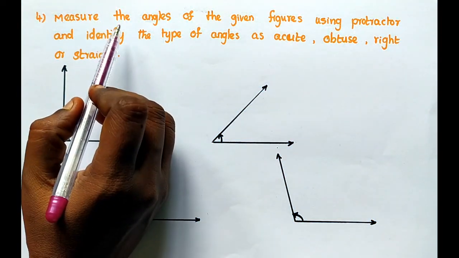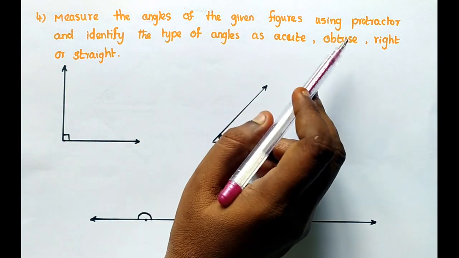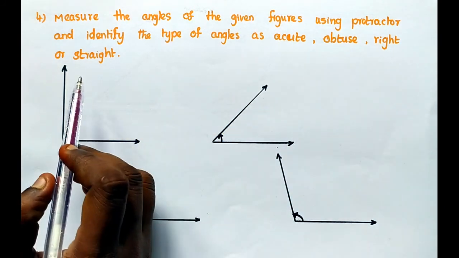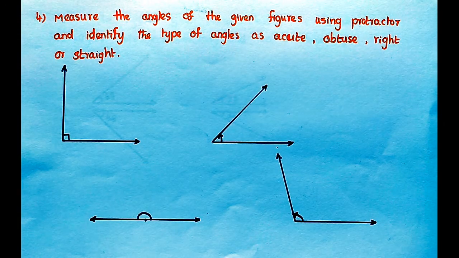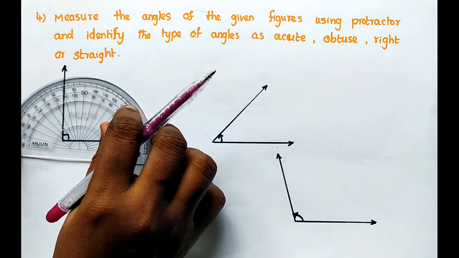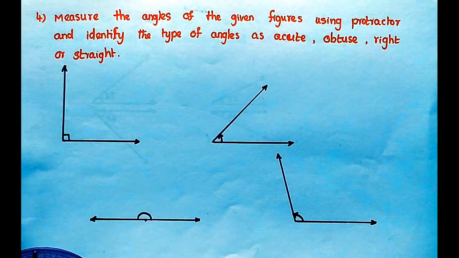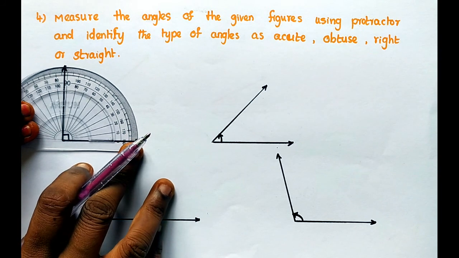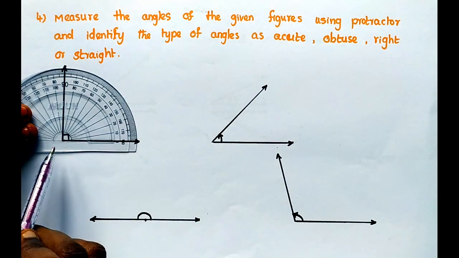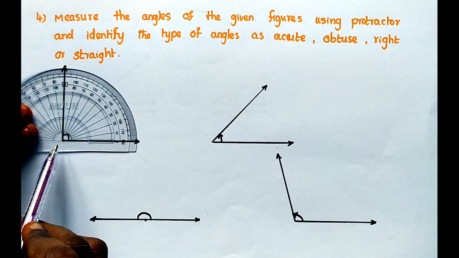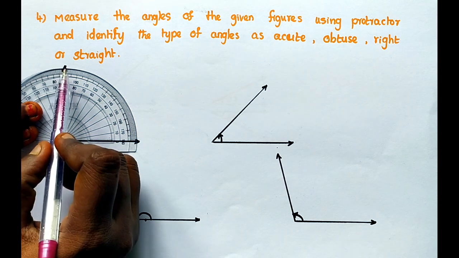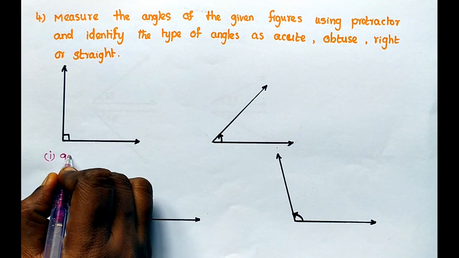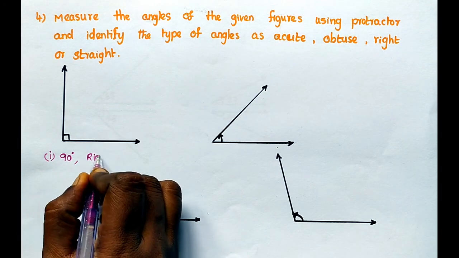Next one, measure the angles of the given figures using protractor and identify the type of angles as acute, obtuse, right or straight. Listen, first one, measure this one. The starting point is the center of the protractor, and measure this one, that is 90 degree. So first one 90 degree, so that is right angle.